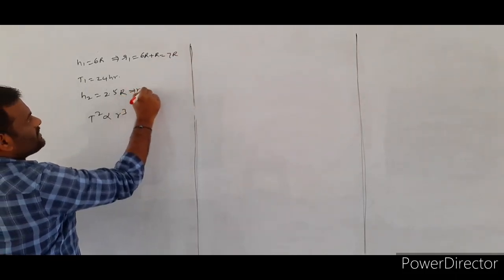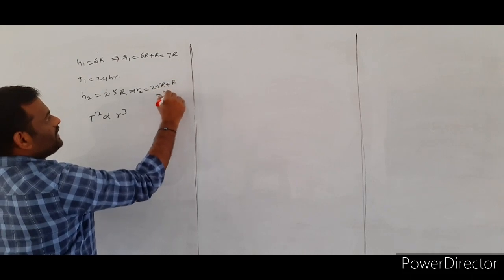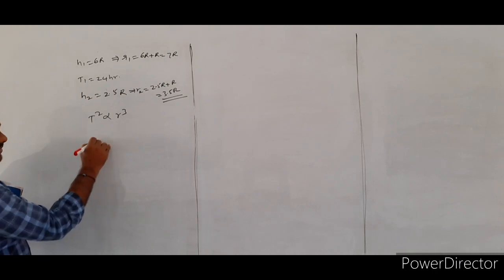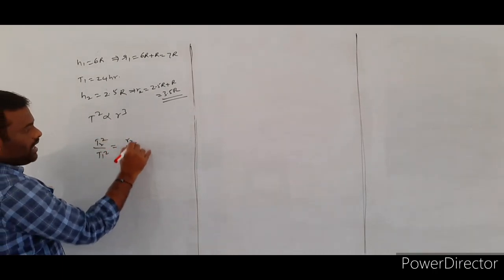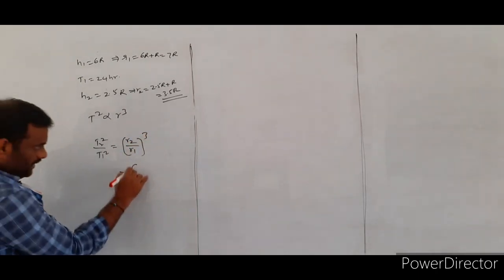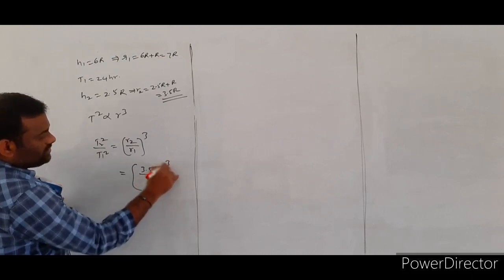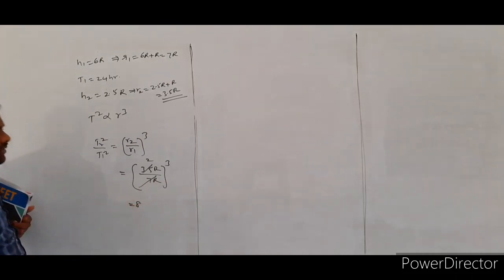For the second case, R2 is equal to 2.5r plus r, that is 3.5r. Now, according to this formula, T2² by T1² is equal to (R2 by R1) whole cube. R2 is 3.5r, R1 is 7r, whole cube. So this is 1 by 2 whole cube, that value is 1 by 8.